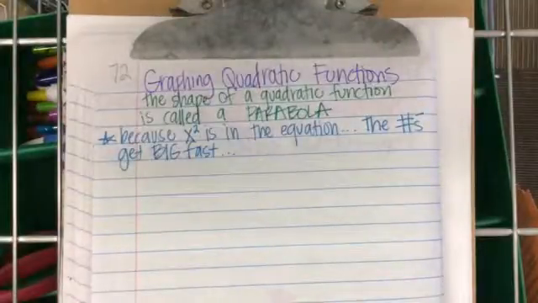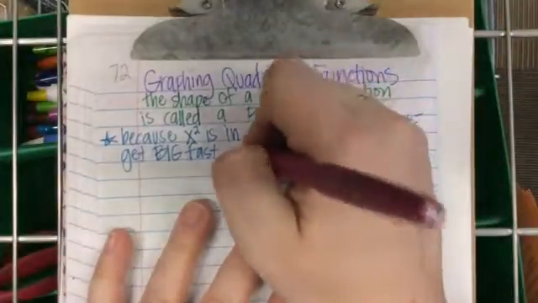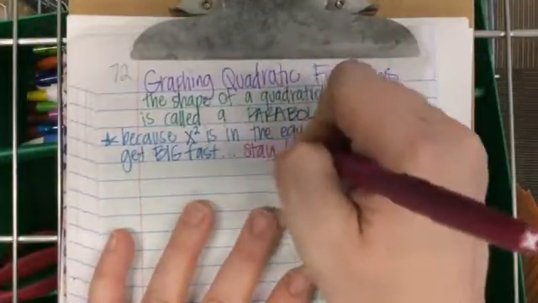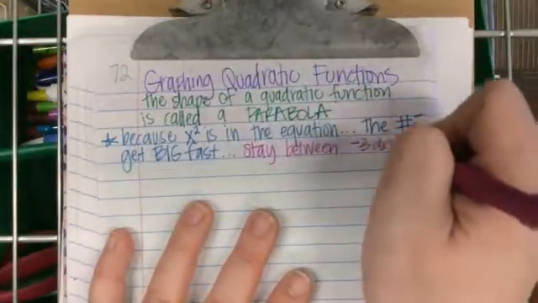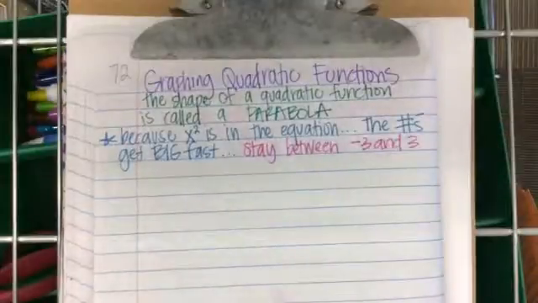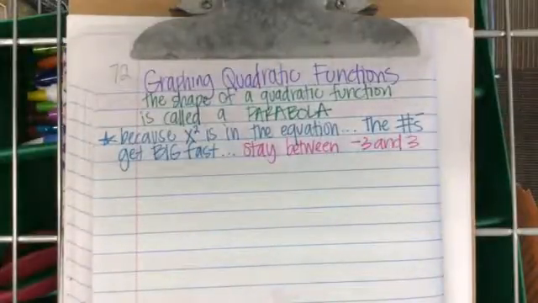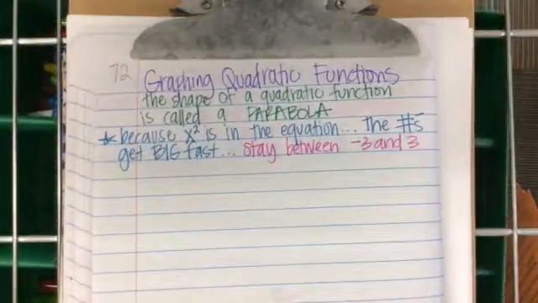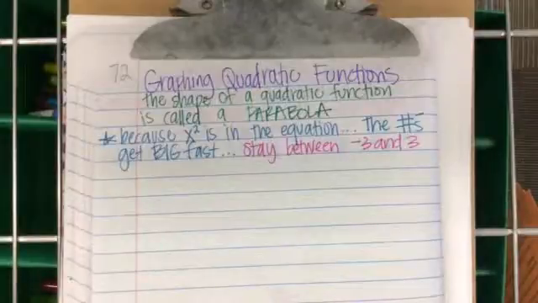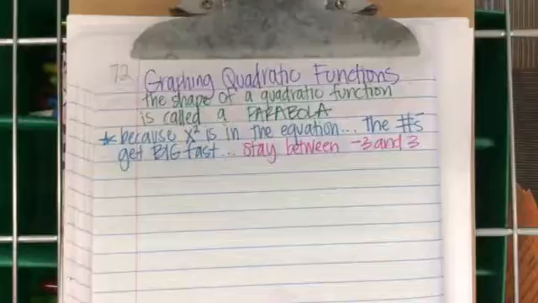So my advice to you is to stay between -3 and 3. I mean, even 3 sometimes gets you in trouble, because 3 squared, 3 times 3 is 9, and that's at the edge of your graph.